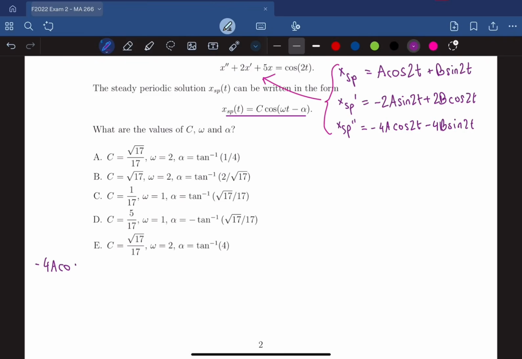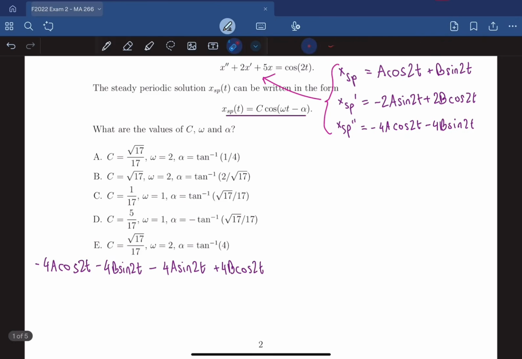Then we have x prime, and it's multiplied by 2 in our equation, so we're going to say minus 4a sine of 2t plus 4b cosine of 2t.